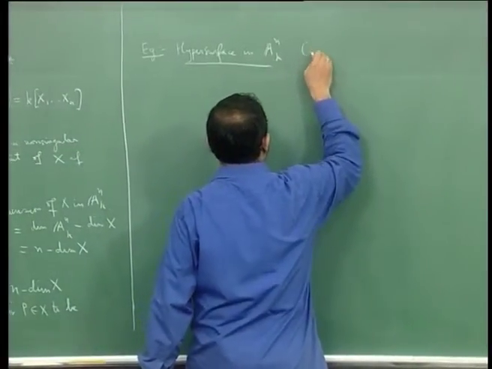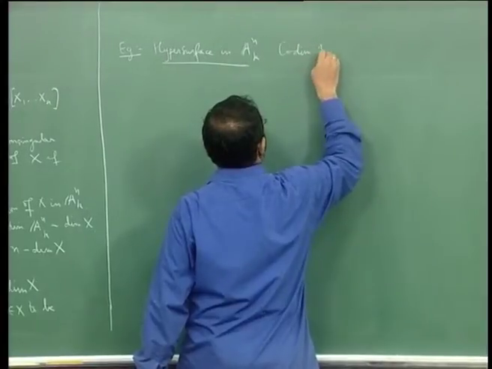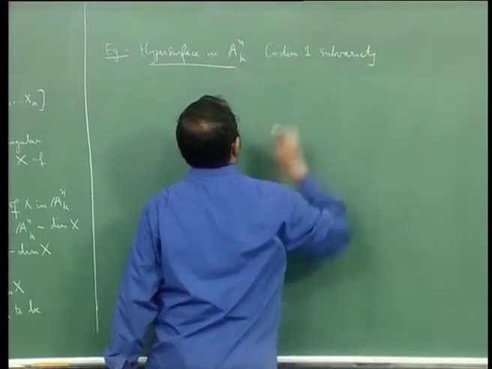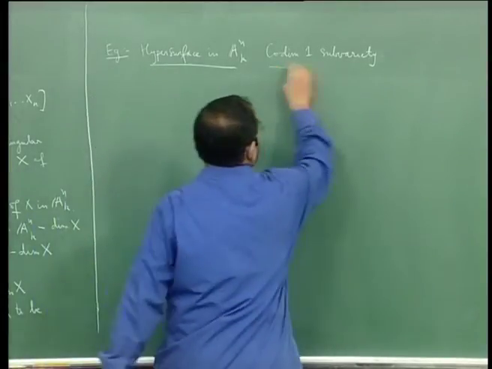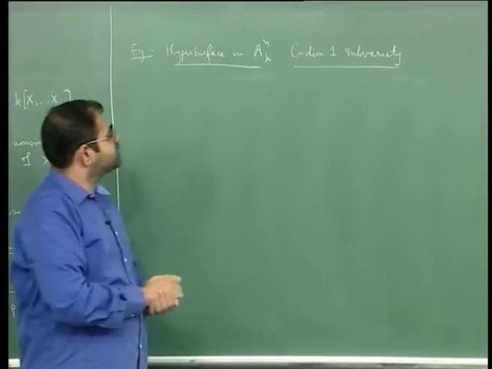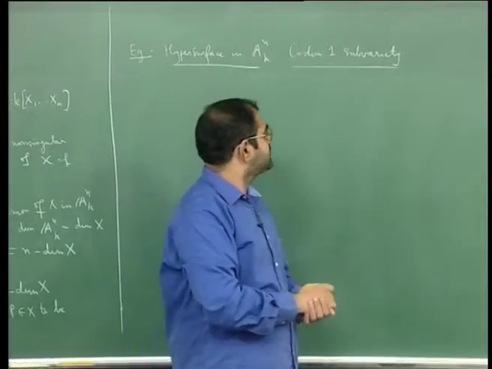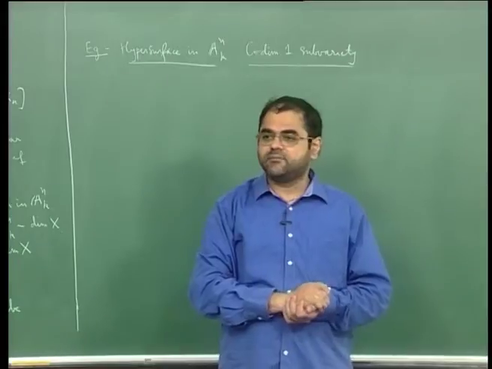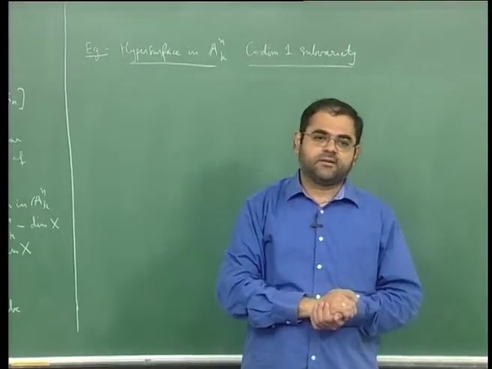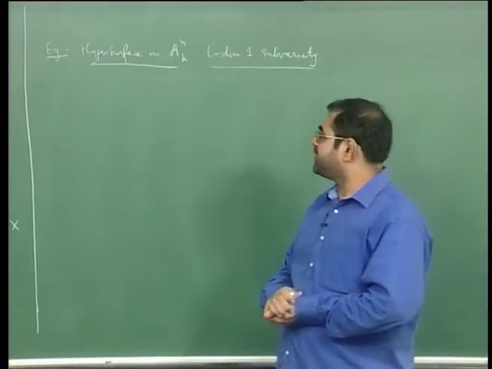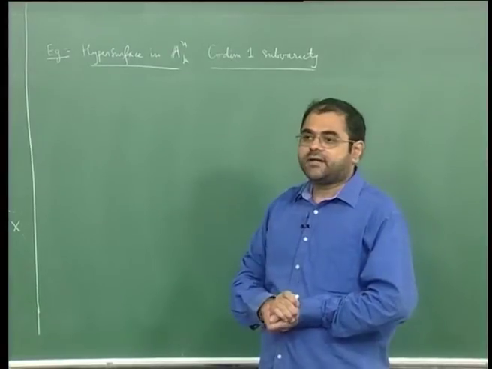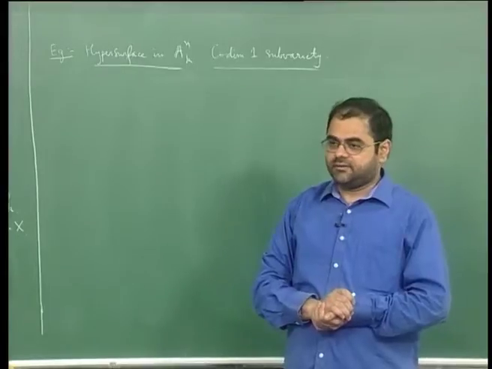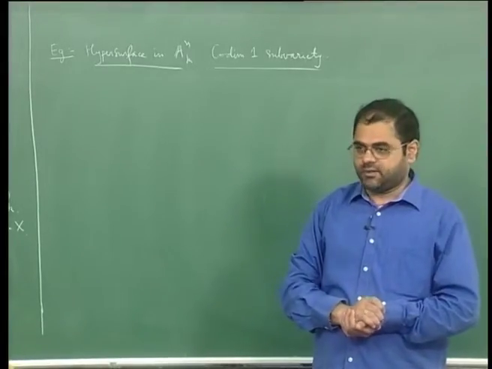A codimension 1 subvariety means that it's an irreducible closed subvariety of dimension one less, so it's dimension n minus 1, and we have seen that this will happen if and only if the ideal of the variety is generated by a single non-constant irreducible polynomial.